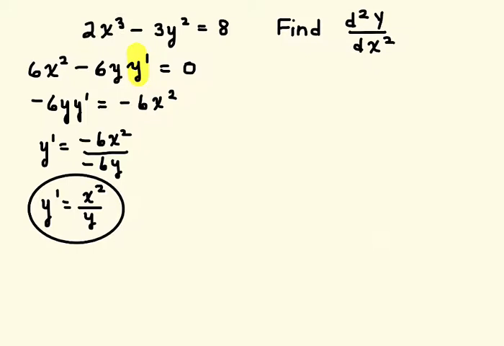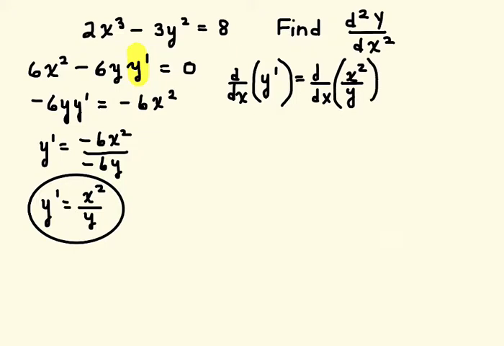What we have is y prime is equal to x squared over y, and we're going to take the derivative of both the left and the right hand side. So we're going to take the derivative with respect to x of the left hand side, times the derivative with respect to x of the right hand side.